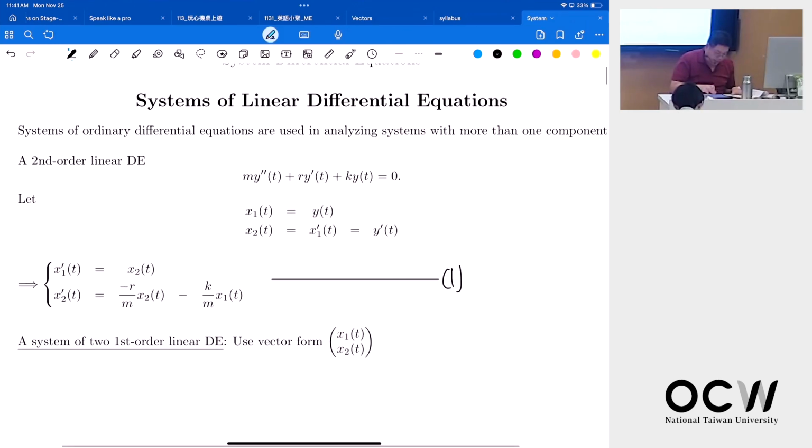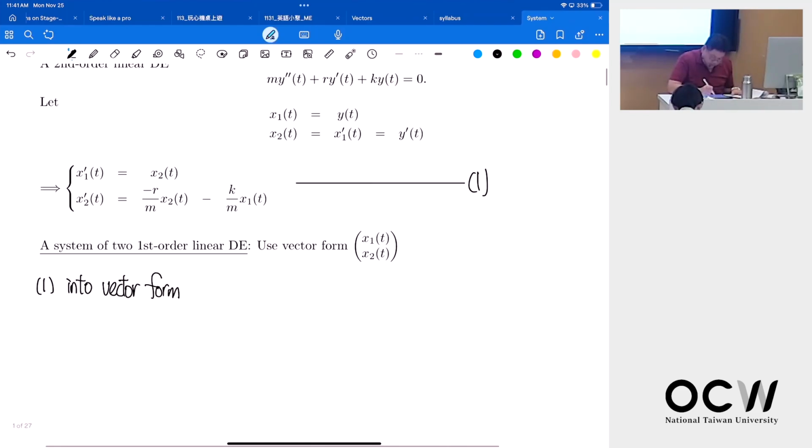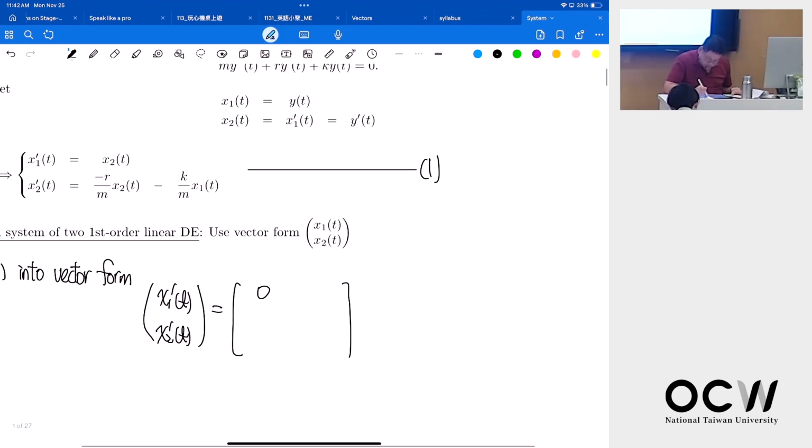Then for this equation, I can rewrite equation 1 into the vector form. So x1 prime, x2 prime. x1 prime equals x2, so if I have x1, x2, then I should put 1 here.